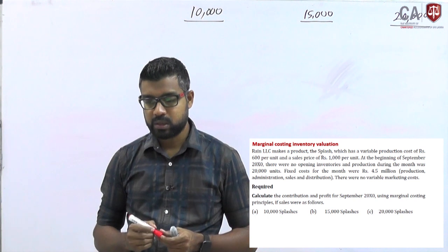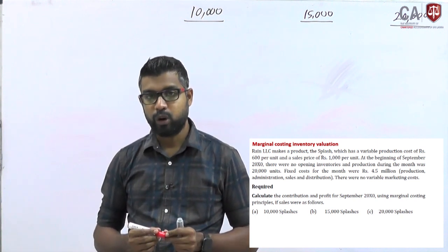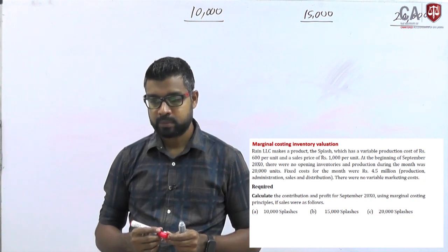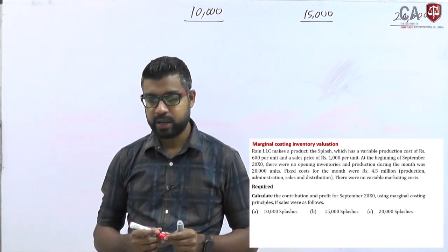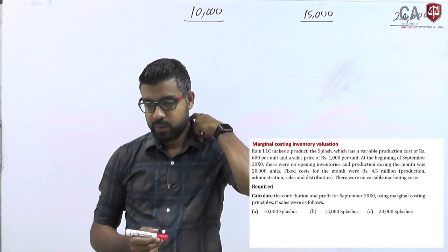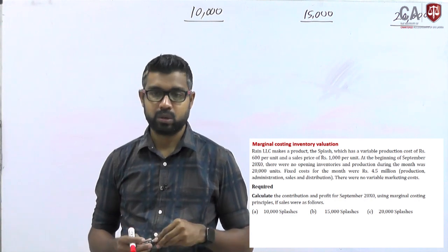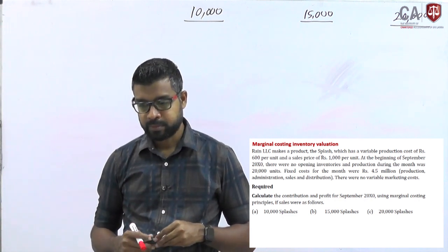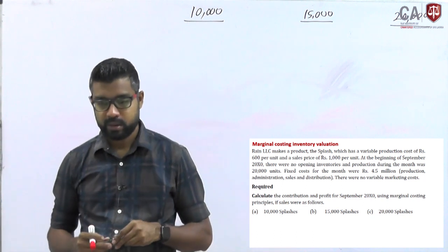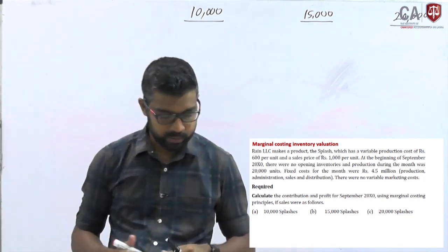Fixed costs for the month were 4.5 million, production, administration and distribution cost. There were no variable marketing costs. You need to calculate profit using this information according to marginal costing.